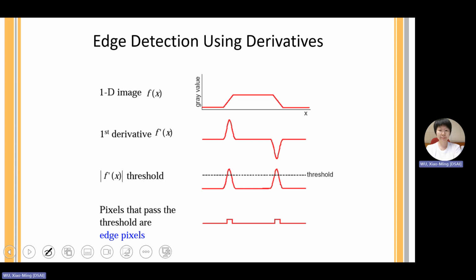Okay, so for edge detection, this is a very simple algorithm using image derivatives. What we can do is just take the first order derivative and look for the extremes.